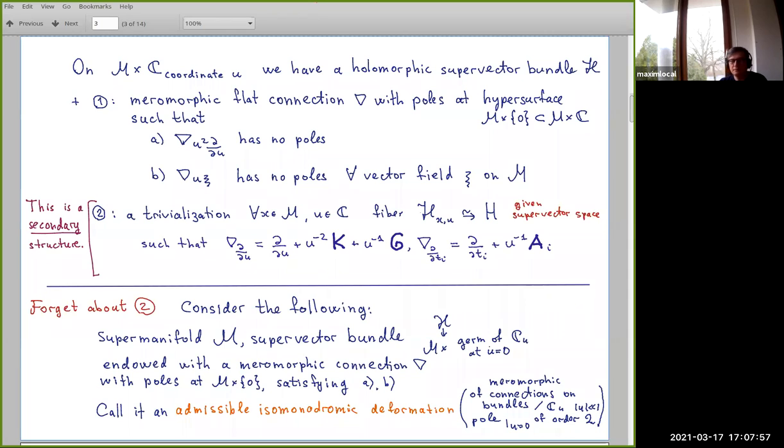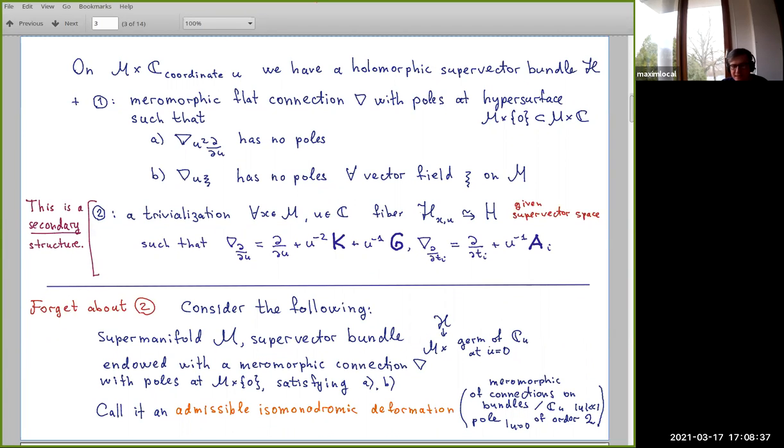So more precisely, I consider the product of the manifold with the complex line C, and a germ of a closed subset M cross 0. I get this supervector bundle with a meromorphic connection with poles at this hypersurface M cross 0, satisfying these constraints A and B. So it has a second order pole in direction u, and a first order pole if you consider a lift of vector fields in direction M. I call it an admissible isomonodromic deformation.